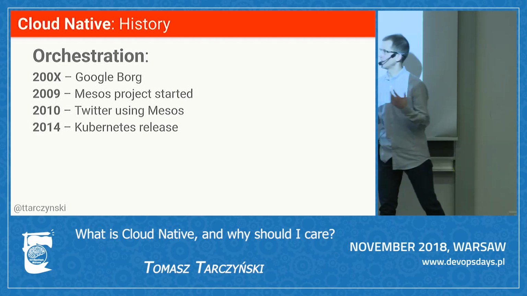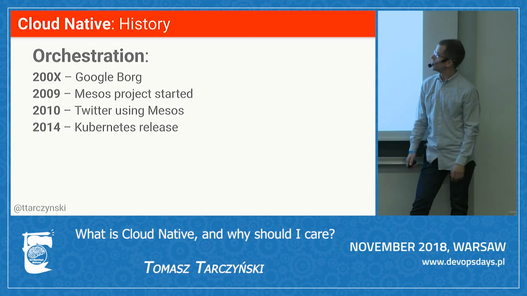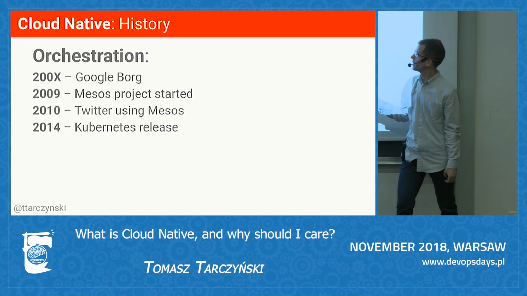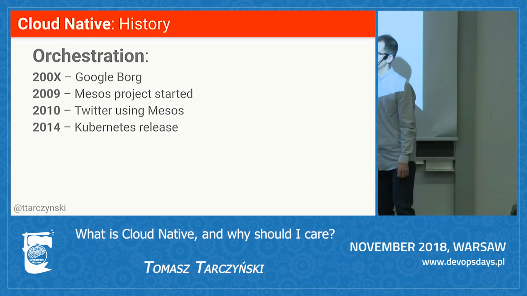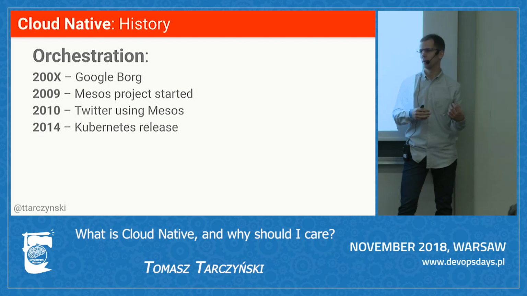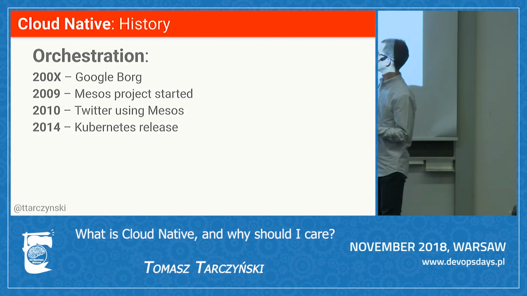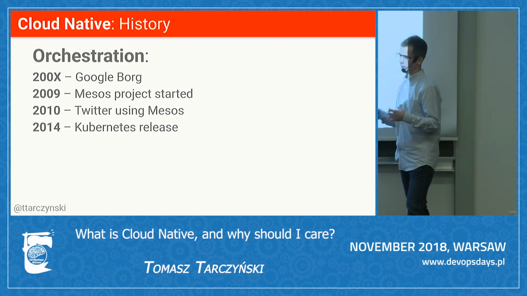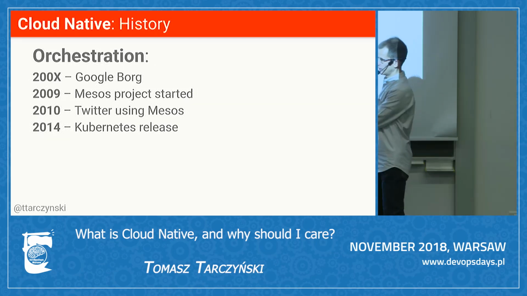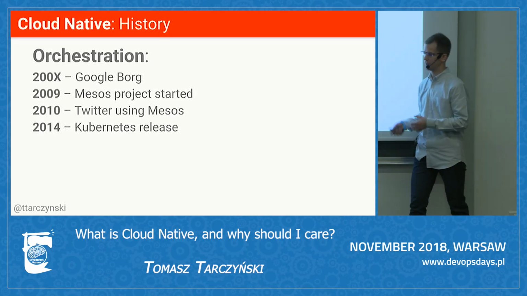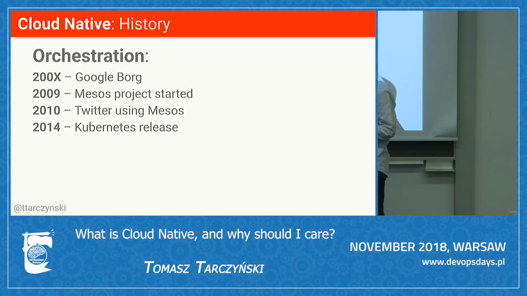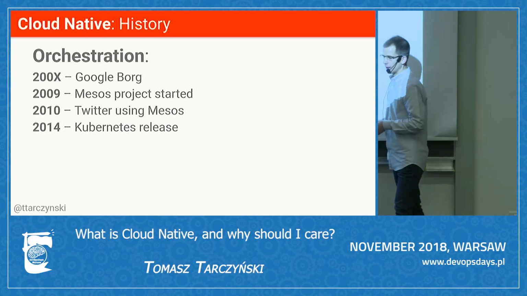Second area, about orchestration. Here it's Google again, but in the mid-2000s they were already working with a cluster orchestrator that they called Borg, which let them work in the way that we are talking about today with Kubernetes and all those orchestrators.